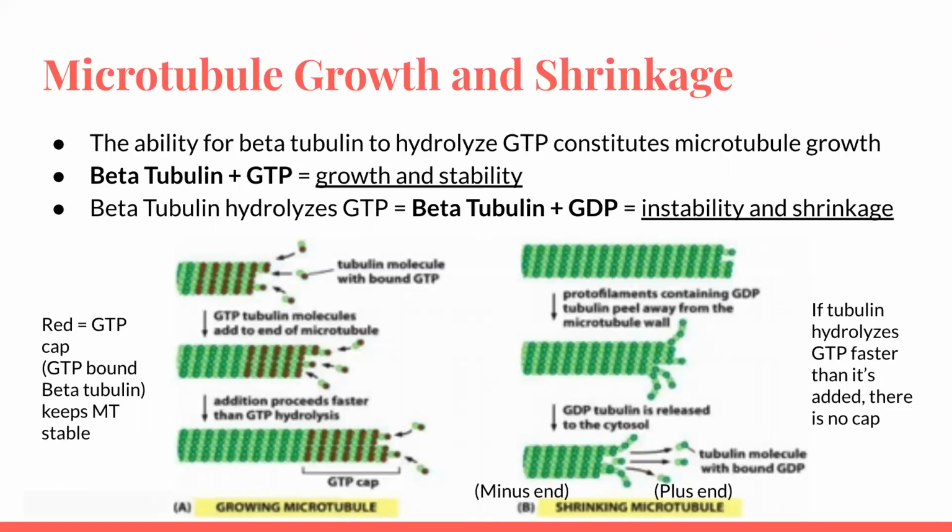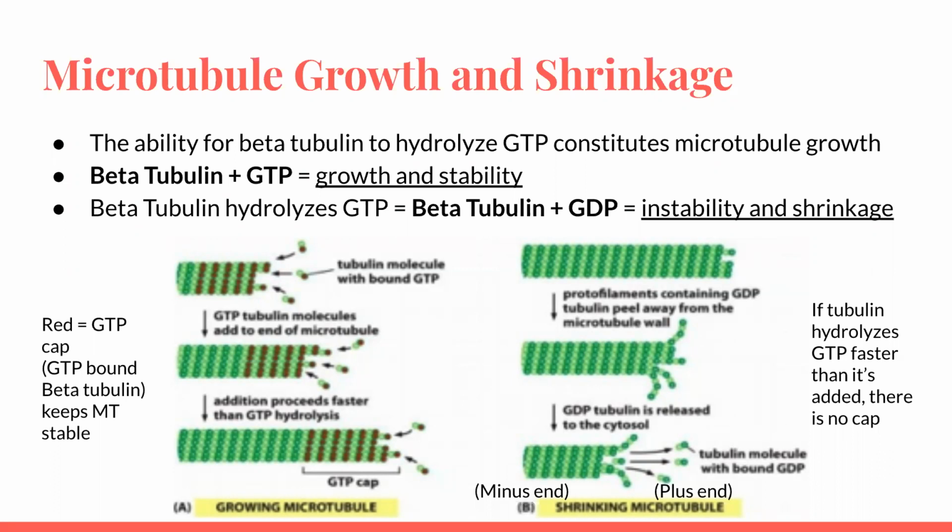So this is just the diagram that Laura showed in class, microtubule growth and shrinkage. The ability for beta tubulin to hydrolyze GTP constitutes microtubule growth. So when you have beta tubulin plus GTP, you're going to get growth and stability. You're going to have more stable ends, and you're going to add to the end. In section A of the diagram, where it says growing microtubule, you have beta tubulin bound with GTP. So the GTP tubulin molecules add to the end of the microtubule.